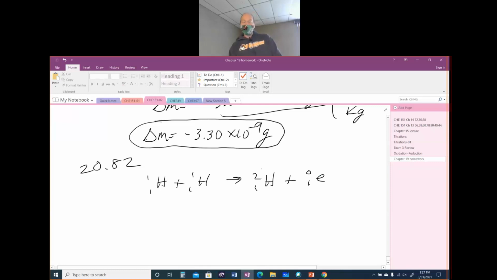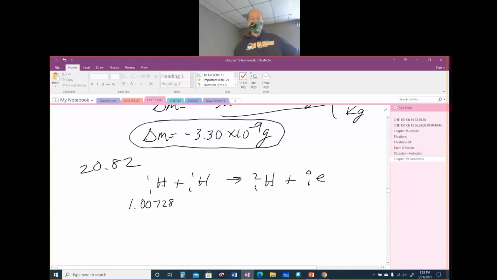You don't have a deuteron mass. This is a deuteron. You have a proton mass, but you do not have a deuteron mass. So to get this mass, you have to take your mass of 2,1 and subtract the 1 electron. Here you have your proton mass, 1.00728.